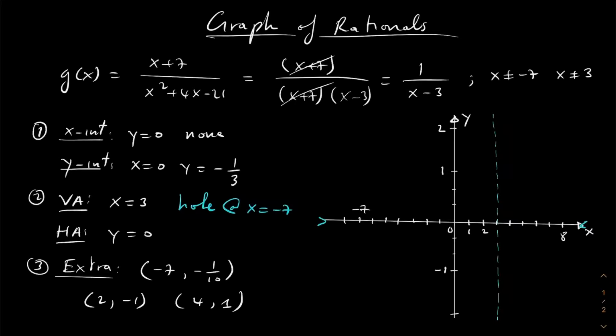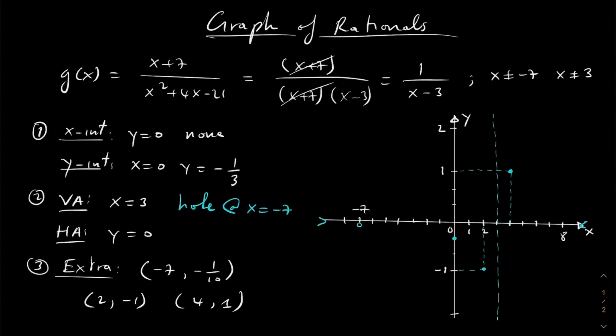So I'm going to have the point negative 7 comma negative 1/10 right here. That's going to be a hole, so I'm not going to color it in. And then I'm going to have my y-intercept at x equals 0 and y equals negative 1/3 right here. Then I'm going to have the point 2 comma negative 1, then the point 4 comma 1. And then as you know already, this graph is going to have two portions because there's one vertical asymptote.